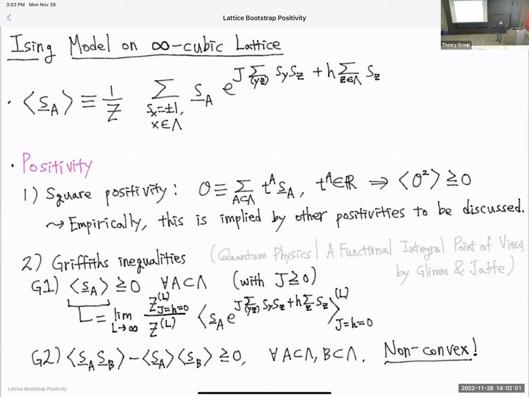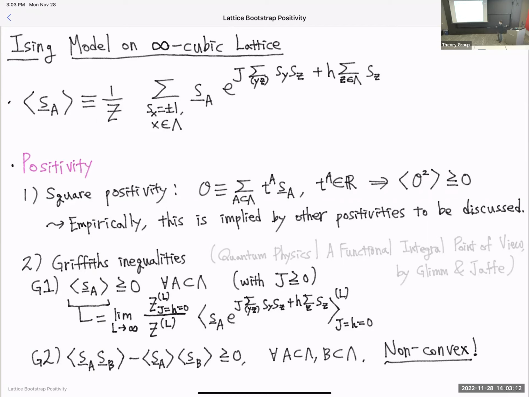It should be positive. Why? Because O squared is manifestly positive, and the measure is positive. Empirically, we actually observed that this is implied by other positivities, which are going to be discussed. So you may as well forget about them from now on.